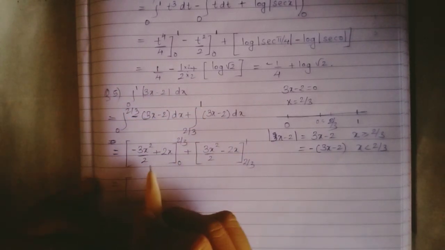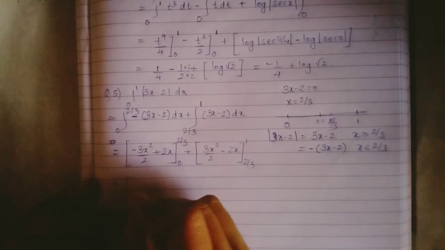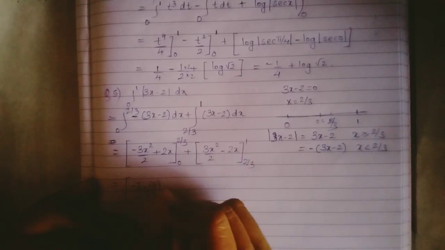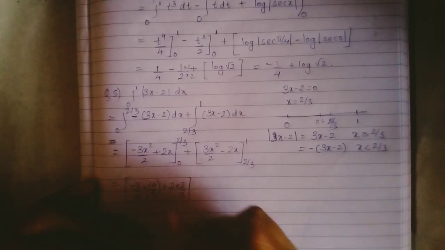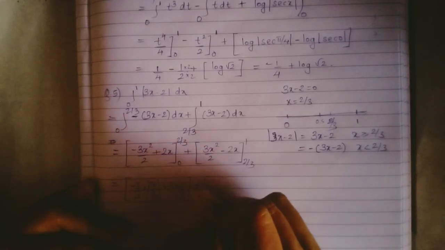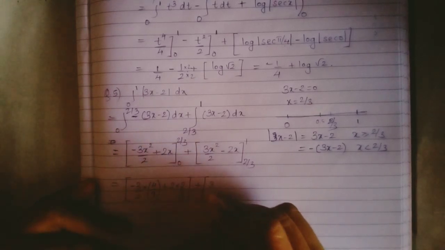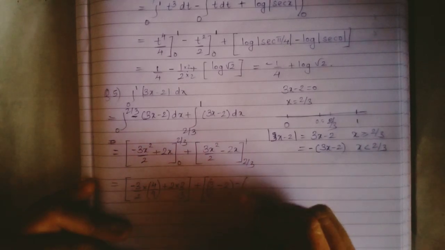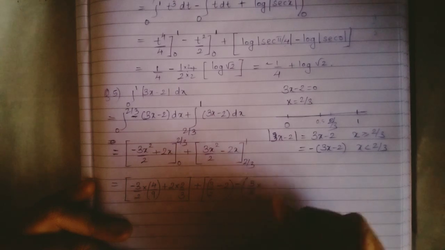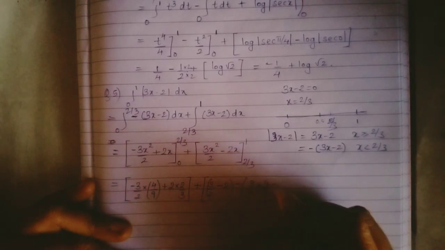Substituting the limits you will get minus 3 by 2 into 4 by 9 plus 2 into 2 by 3, plus 3 by 2 into 1 minus 2, minus 3 by 2 into 4 upon 9 minus 2 into 2 by 3.